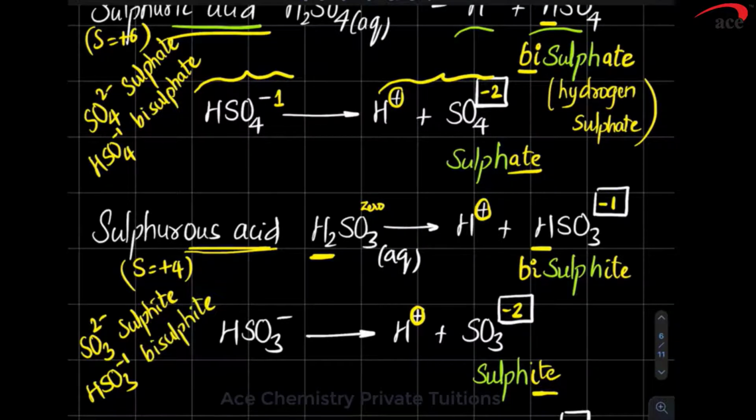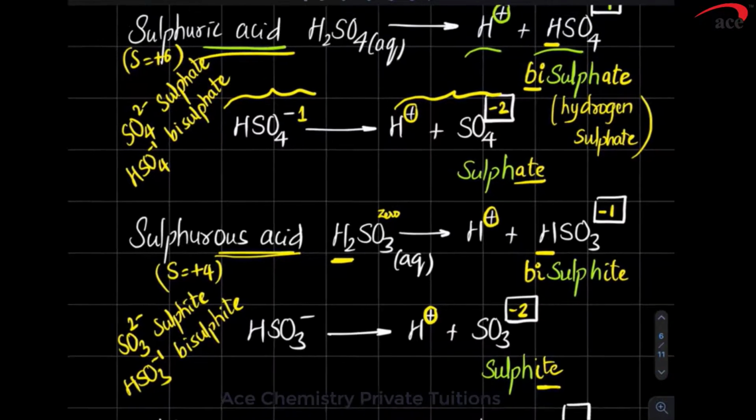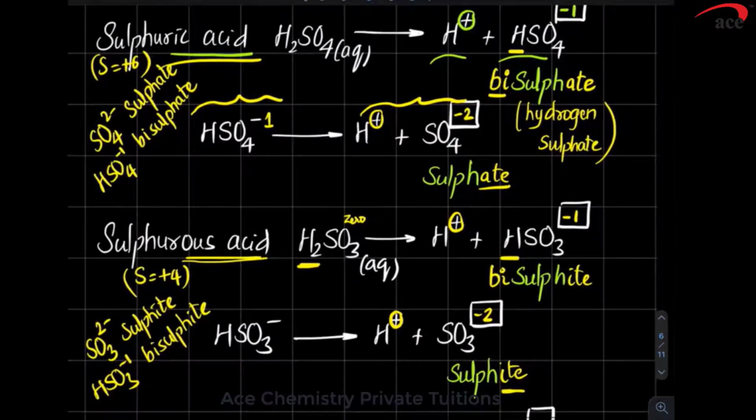So this is how technically you can remember the anions, and this method of remembering anions will go a long way. You can pause this video and try to write down what you have just learned and practice it.